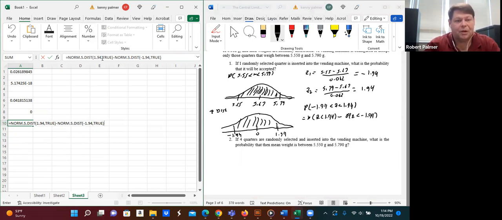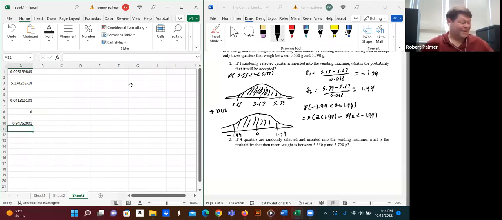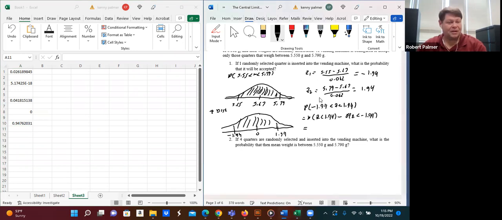So it's the positive larger value minus the smaller value. It equals about 95%, 0.95, to two decimal places. Hopefully that makes sense, because you want a vending machine to accept essentially all valid quarters. Anything really unusual, with a 5% chance of being too heavy or too light, you might not want to accept. You want to accept most quarters, about 95% of quarters.